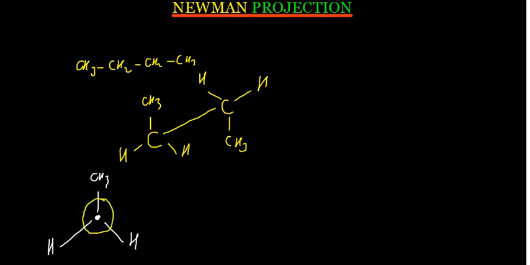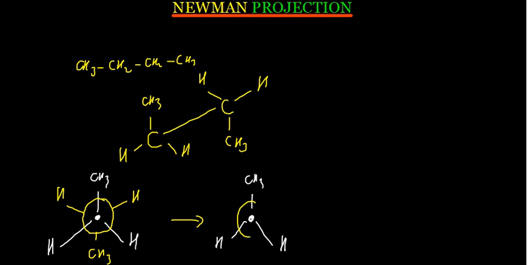Now for the carbon which is behind, we have got hydrogen here, we have got hydrogen here, and then we are going to have the CH3 down. I can have another form for the one which is in front. I'm going to maintain it the way it is, CH3, and then we have got a hydrogen at this point. We also have a hydrogen at this point, and then I have got like this.